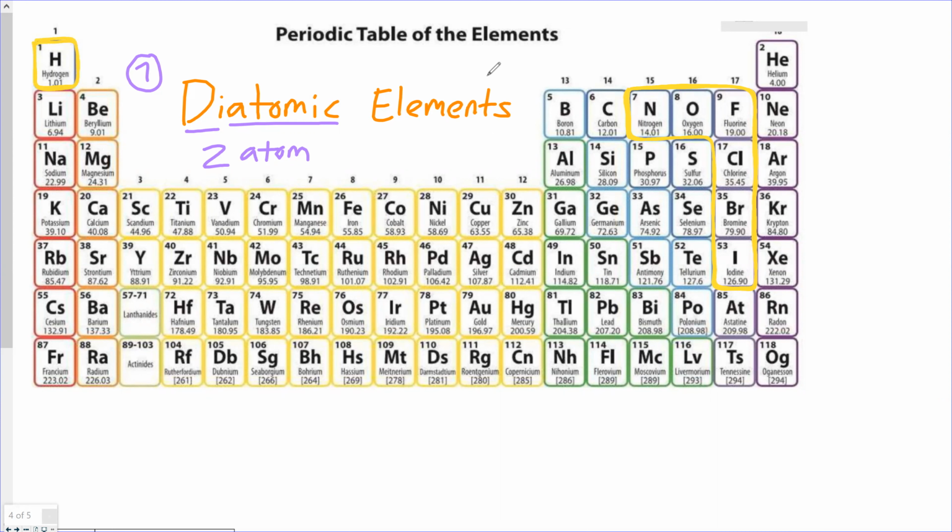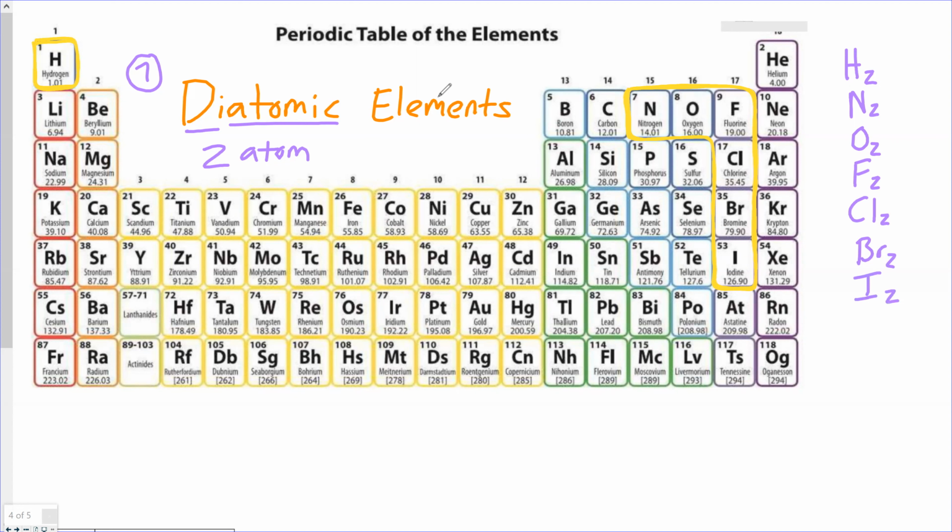All right, so again, these are twins. When you see them by themselves, not combined with someone else, they are a twin. So for instance, hydrogen is really H2. Nitrogen is N2, and likewise oxygen, fluorine, chlorine, bromine, and iodine.